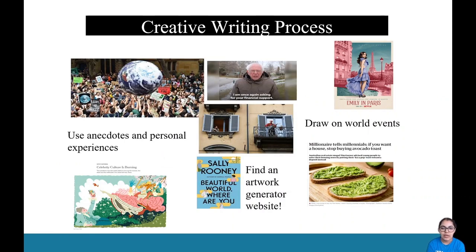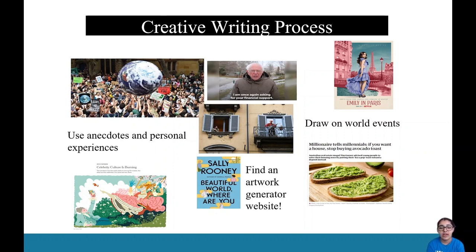Okay, here are other places that you can find lots of ideas. Use anecdotes and personal experiences. You can look at ideas online. You can be inspired by, for example, the books you read. You can think about what is happening in the world.